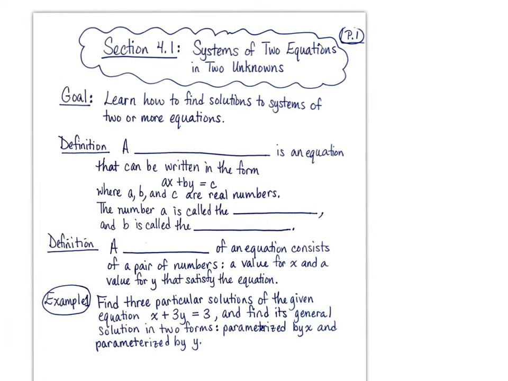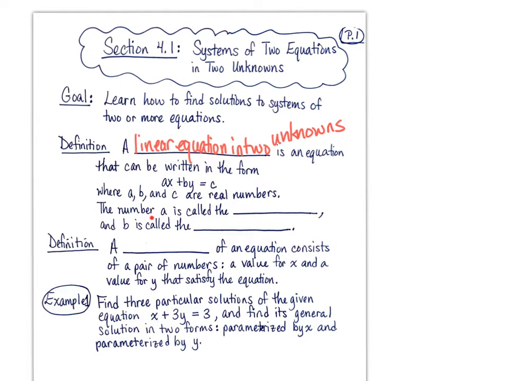A linear equation in two unknowns is an equation that can be written in the form ax plus by equals c, where a, b, and c are real numbers, and the two unknowns are x and y.